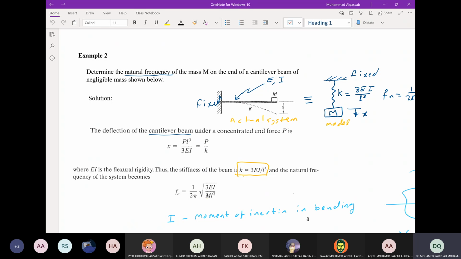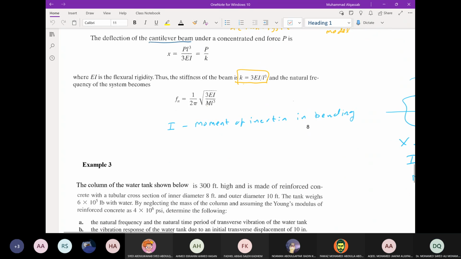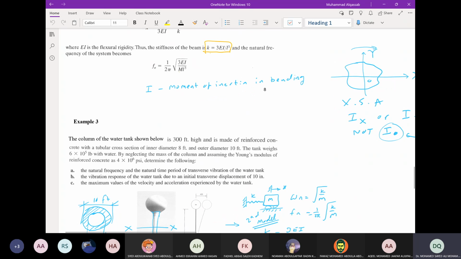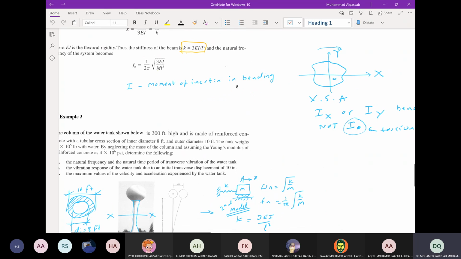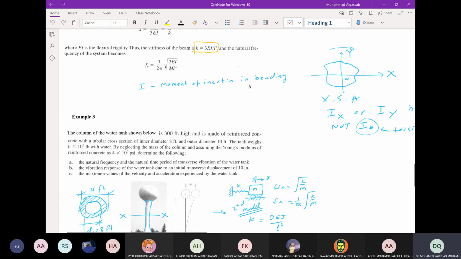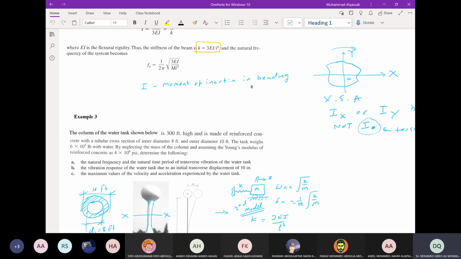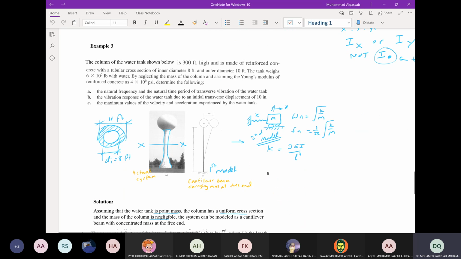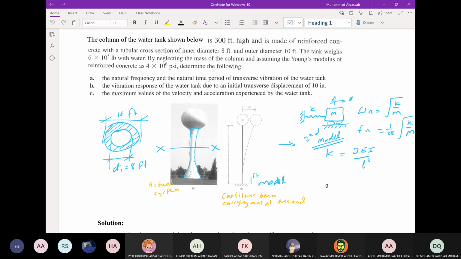Once you do that, you can find Fn, which is 1 over 2 pi square root of 3EI over mL cube. I gave a note about I, the moment of inertia of the cantilever beam in bending. And then we reached example 3.